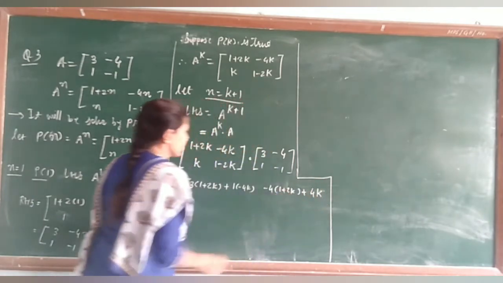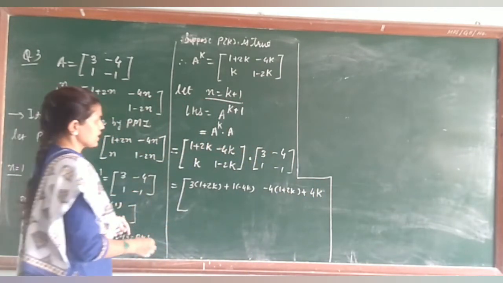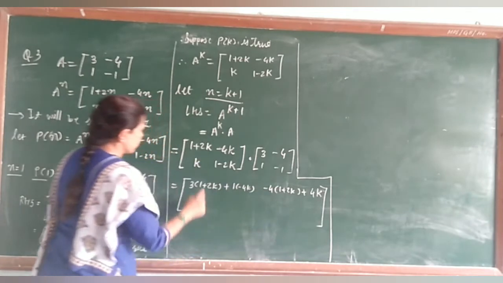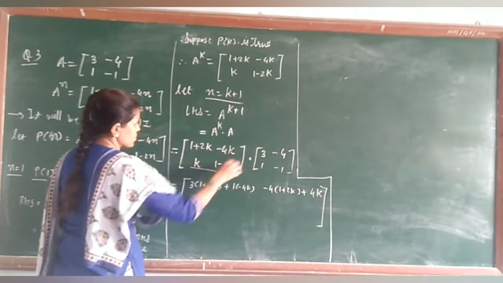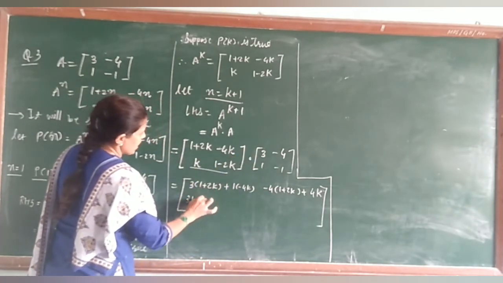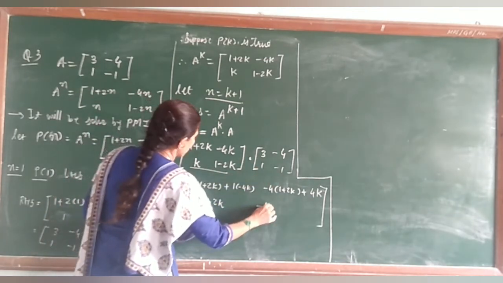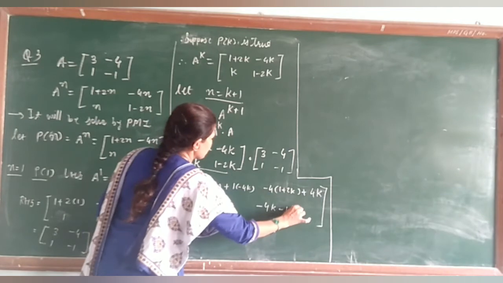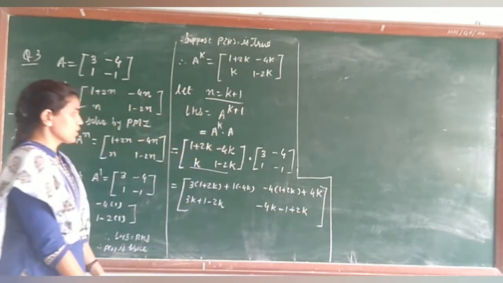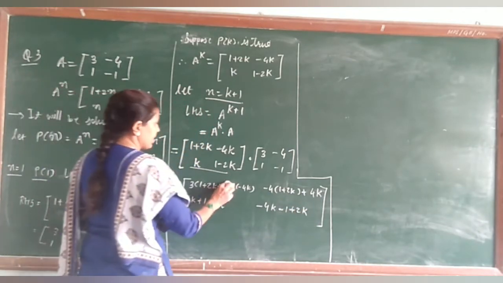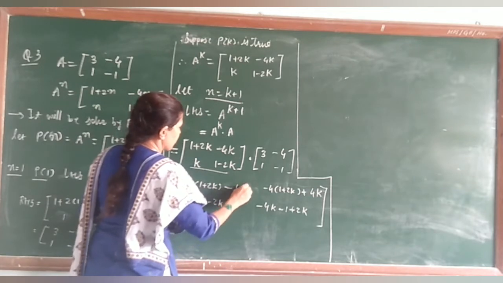Directly we can write. Now you are able to understand these steps. Now second row and first column. So this is 3k plus 1 minus 2k. Second row and second column. So -4k minus 1 into minus 2k, here also I can write directly. This is -4k.